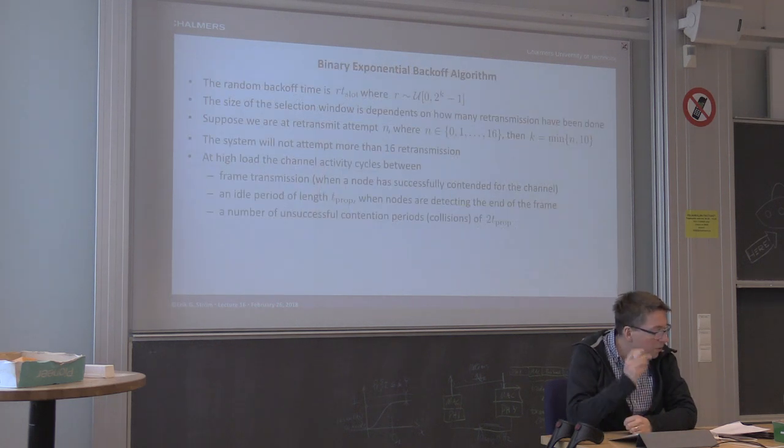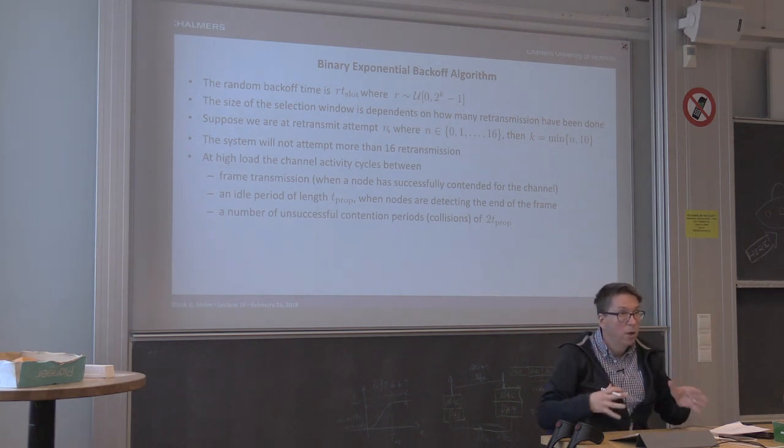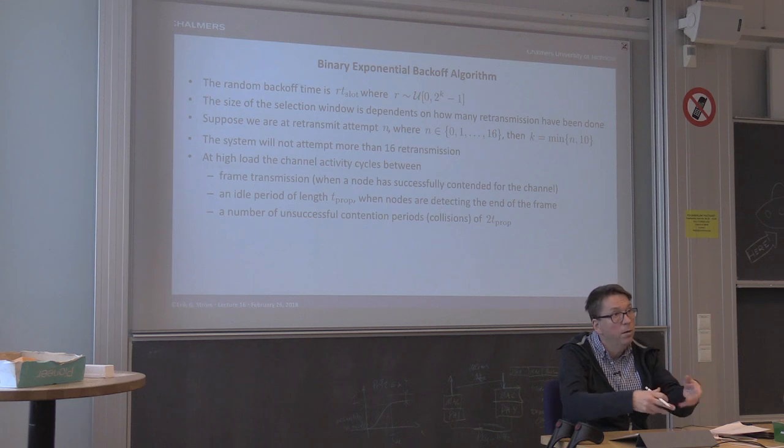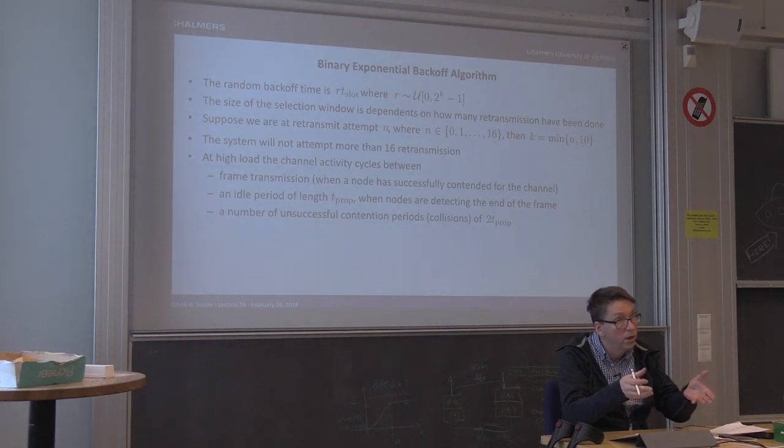Okay, so backoff here. Remember what happens: if I'm on a CSMA/CD network and I have a frame to transmit, I go out and listen to the medium. If the medium is busy, then I wait until it becomes idle, and then I transmit. Then I listen to the medium for collisions.